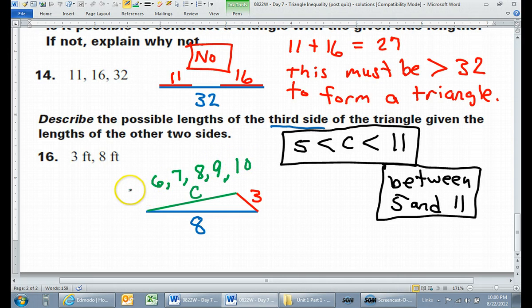But don't forget, between 5 and 11 includes numbers like 5.5, and it includes numbers like 10.9. So when the triangle actually forms looking like this, C could be anything in between, all the way down to 5.0001, all the way up to 10.9999.